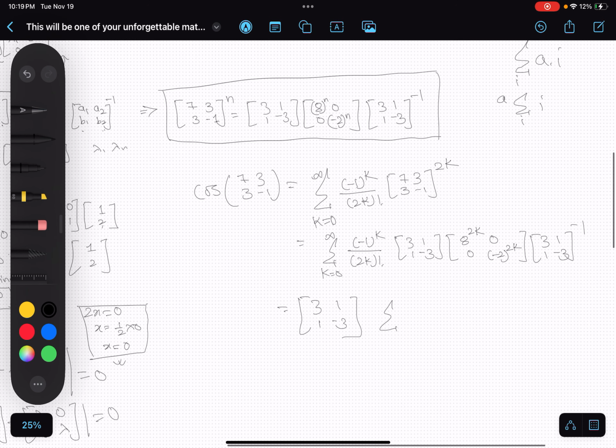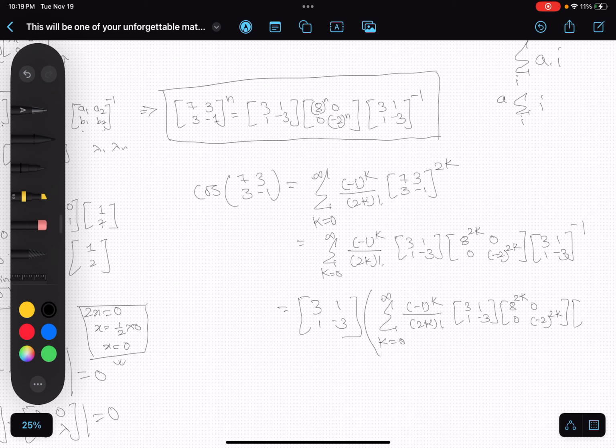Over here now this will be the sum from k equals 0 to infinity of (−1)^k by (2k)! times [3 1 1 −3], right? And then 8^(2k), 0, 0, (−2)^(2k).